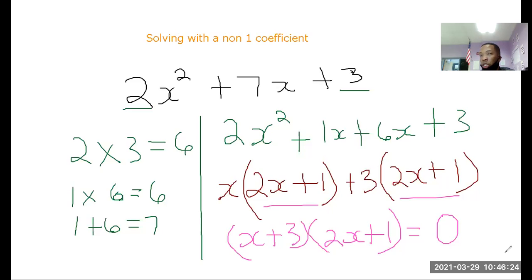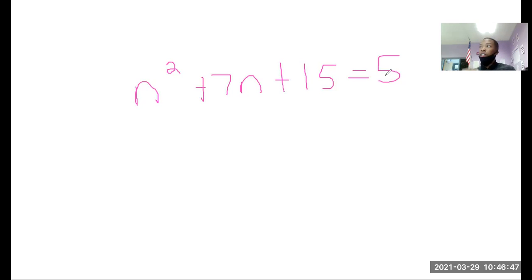One more thing that we're going to look at, which is kind of similar to everything that we've been doing. What if there's an n squared plus 7n plus 15? This is equal to 5. We've been solving problems where it's equal to 0. So what we're going to try and do is have this equation equal to 0.